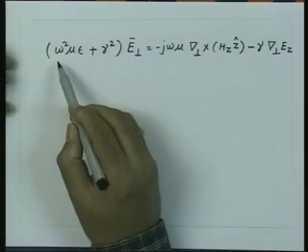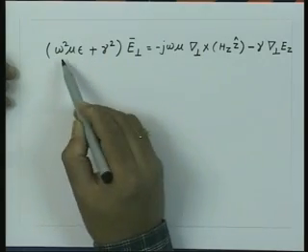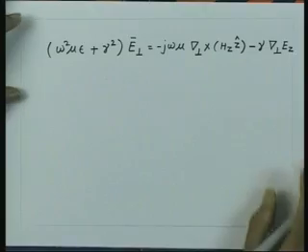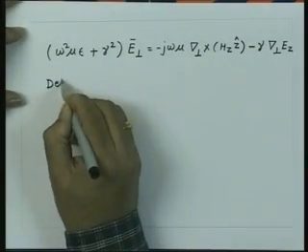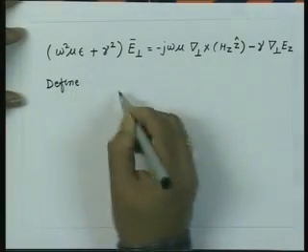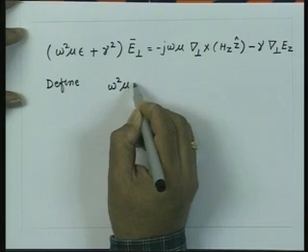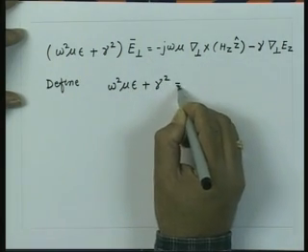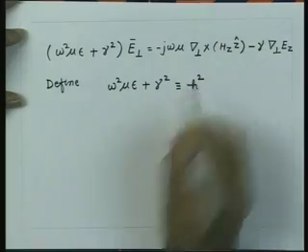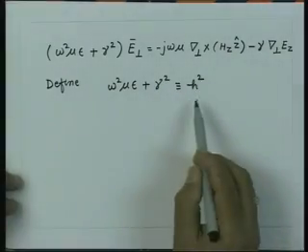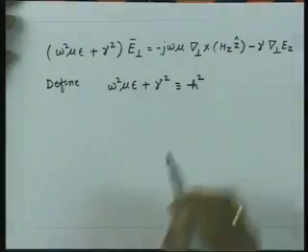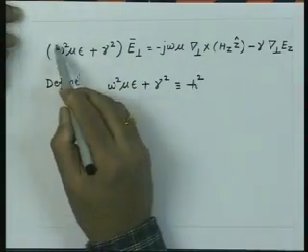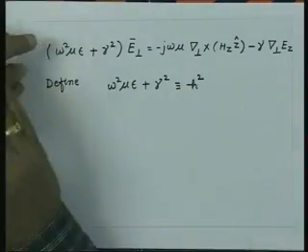Now, for brevity, let us define this quantity, omega square mu epsilon plus gamma square, as some quantity h square. We will assign some physical meaning later to what this h would represent, but at the moment just algebraically define this whole term as h square.